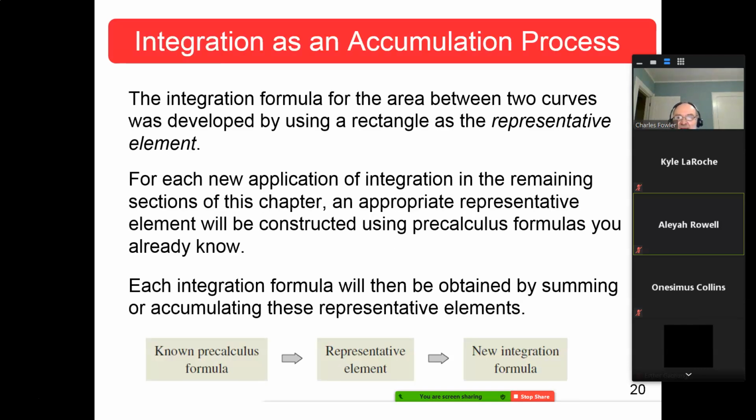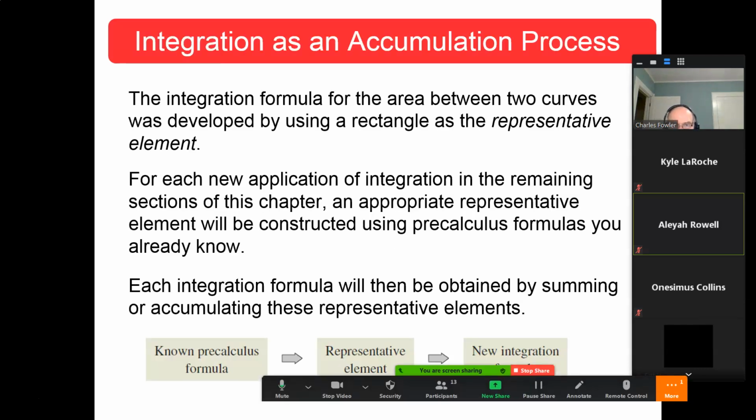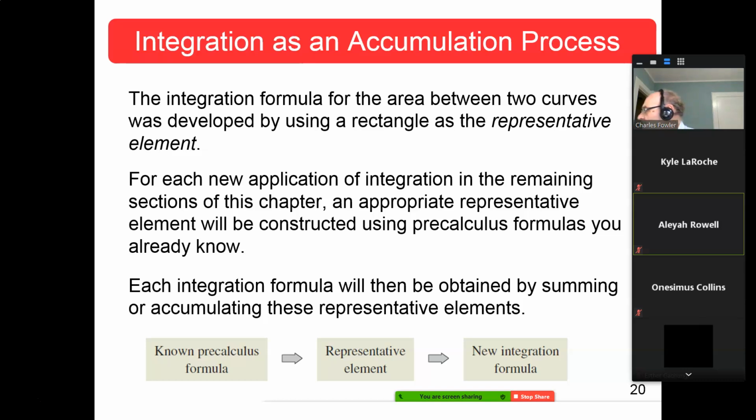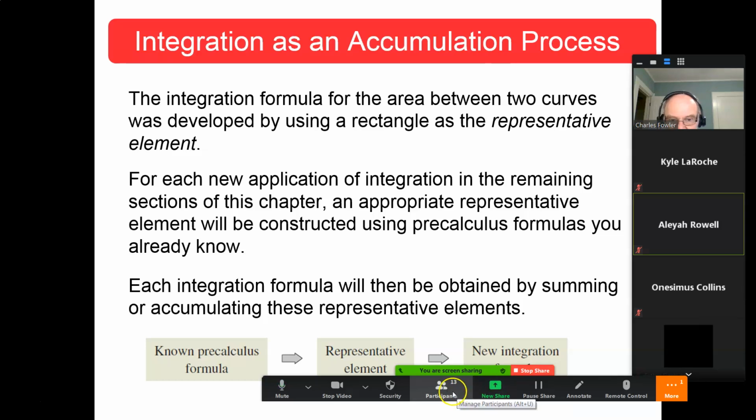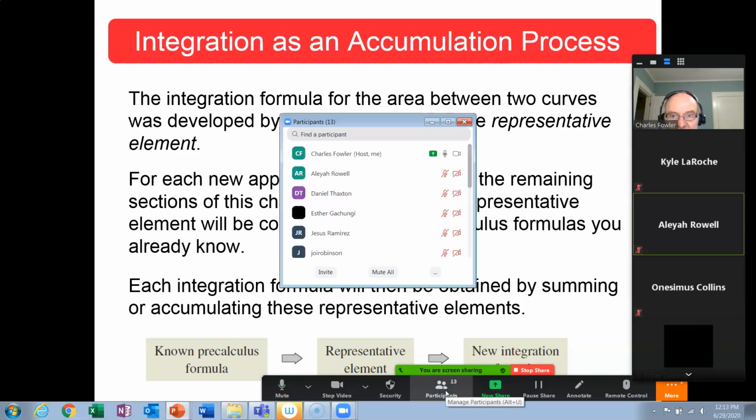Okay, the integration formula. Oops, is someone coming in, or did that just pop up? I guess it just popped up. We should have 13 people here, do we? 1, 2, 3, 4, 5, 6, 7, 8, 9, 10, 11, 12, 13, 14. Okay, must have somebody come in I didn't catch.